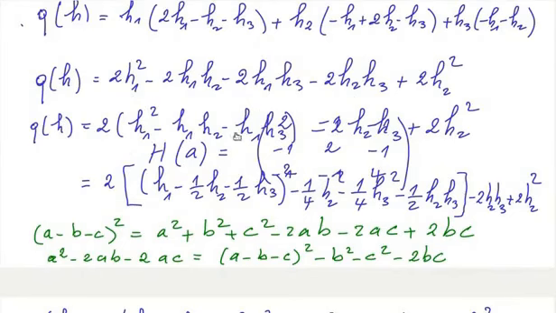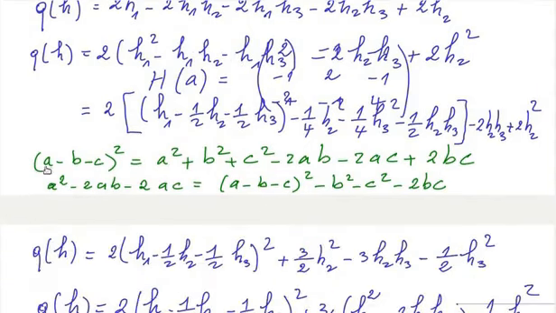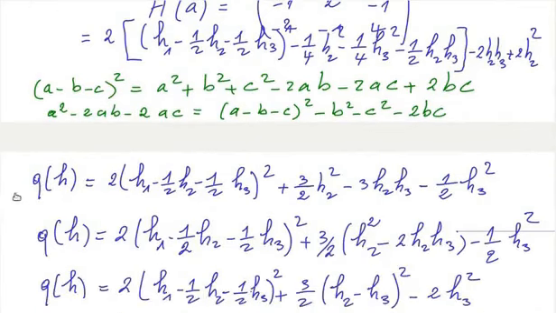The terms in h1, by factoring out 2, we can see the beginning of a notable identity of the form (a+b+c) squared, from which we derive a squared, 2ab, 2ac. This allows us to write it in the form 2 times (h1 minus 1/2 h2 minus 1/2 h3) squared, plus 3/2 h2 squared minus 3 h2 h3 minus 1/2 h3 squared.